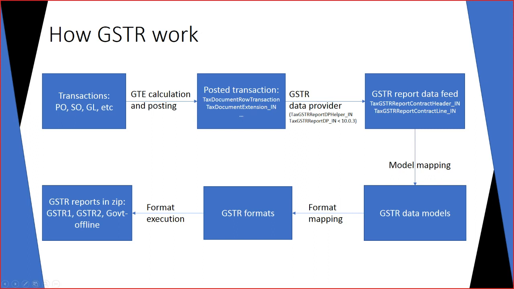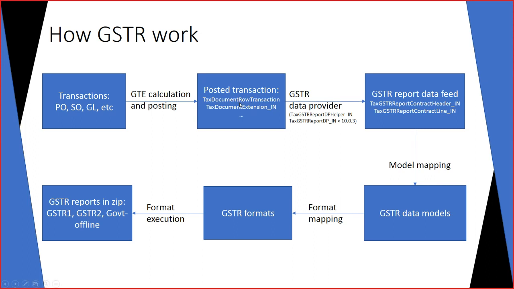So whenever you are finding an issue, or whenever you have trouble seeing information on the GSTR report which does not match exactly what we expected, you can look into these tables, or you can also look into inquiry forms which are built on these tables as well, which I'm going to show you later in the environment.